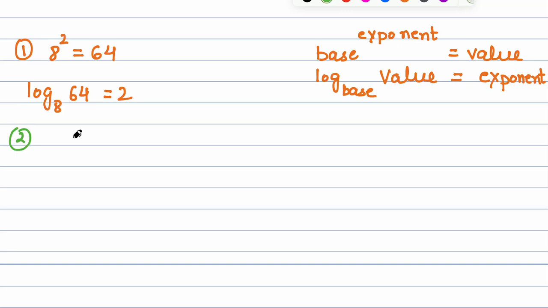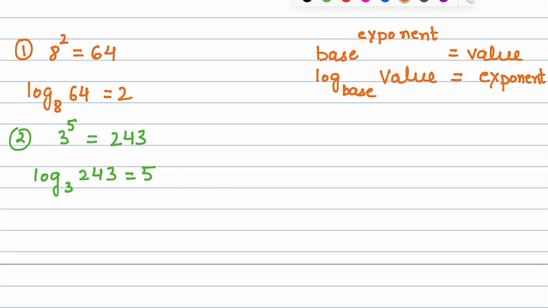Second, let's say it's 3 to the power 5 is equal to 243, right? So how will we write it? Log base 3 of 243 is equal to 5.